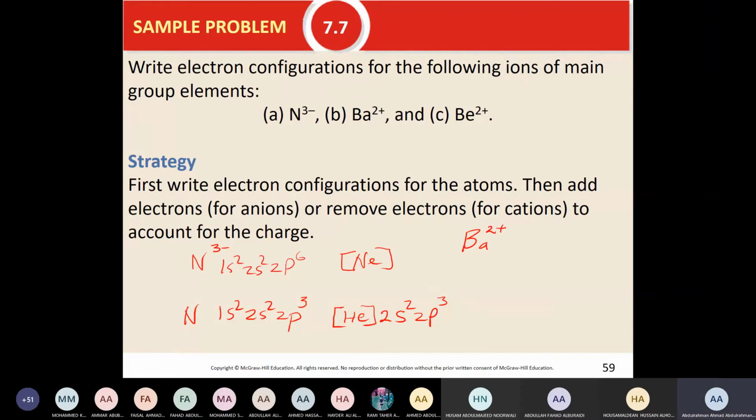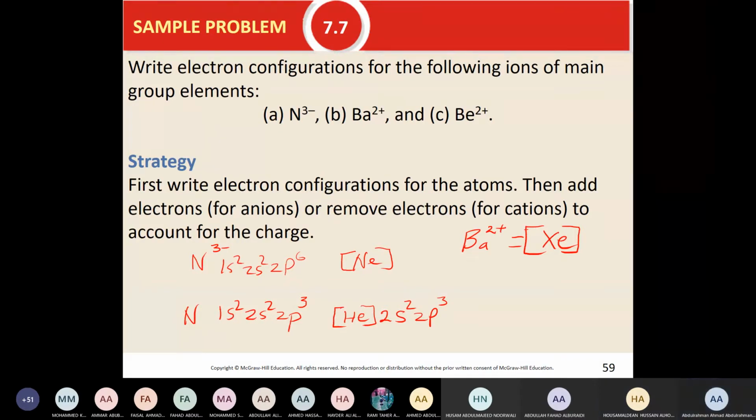Quickly. No, I want the electronic structure. Xe. You have to look at the periodic table. The element which is before it, exactly. Okay.